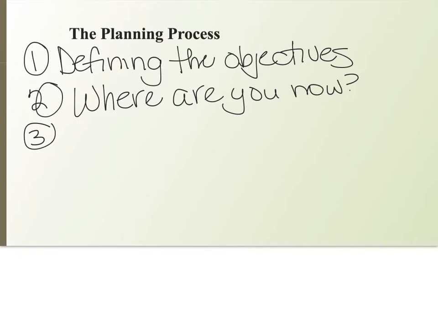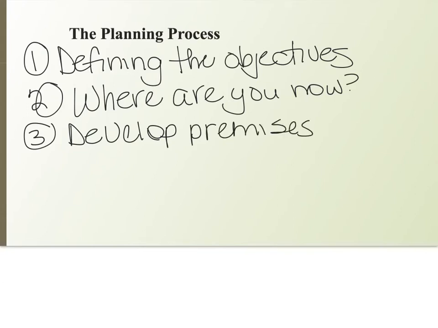Step 3 is developing premises regarding future conditions. This means to anticipate future events and generate alternate scenarios for what may happen. For each scenario, identify pros and cons.